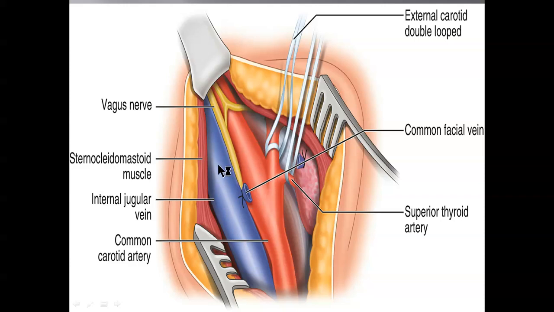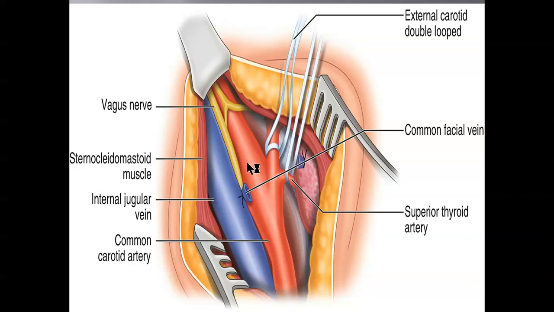So this relation is very important. Again, the internal carotid artery is on the medial side, the vagus nerve is between the internal jugular vein and the internal carotid artery, and the internal jugular vein is on the lateral side, on the right portion. And if we are talking about the left side, then the internal jugular vein will be on the most lateral, that is on the left side, surrounded in the carotid sheath.